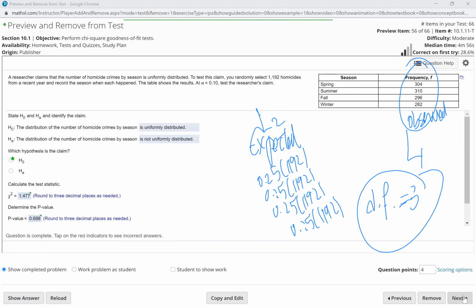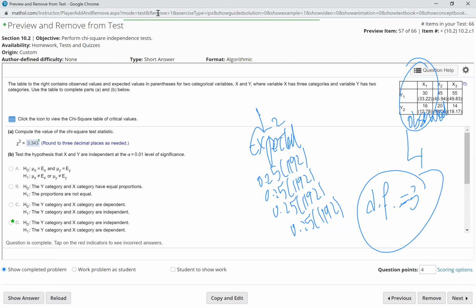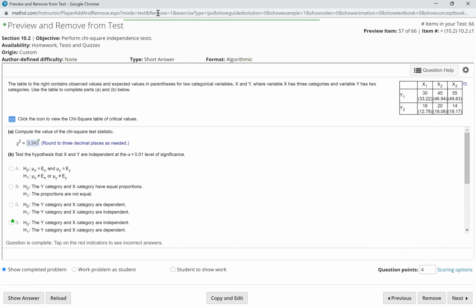I'm going to move on. Here he gives you a contingency table, with observed values and expected values in parentheses, for two categorical variables, X and Y. Use the table to complete part B. Find the test statistic. Now this is the independence test, guys.